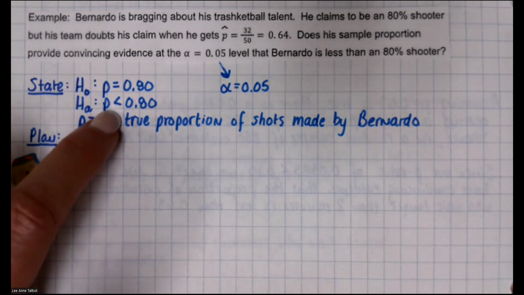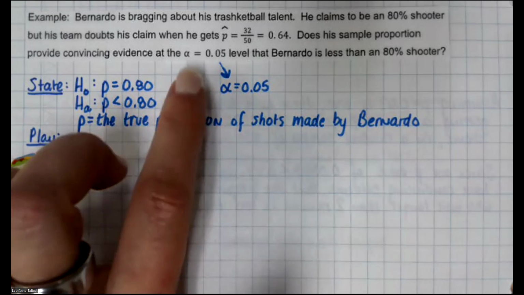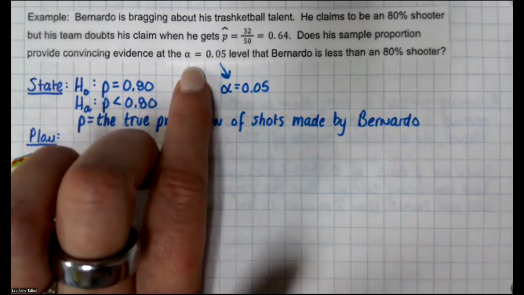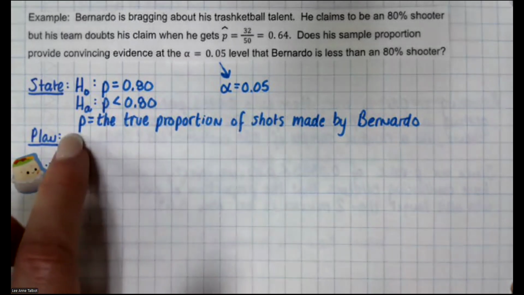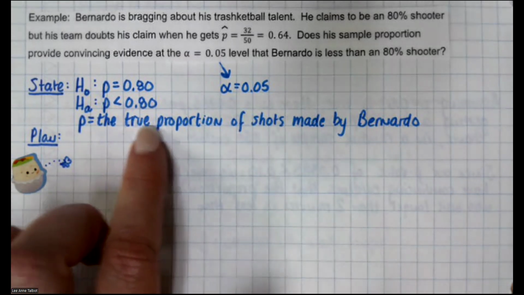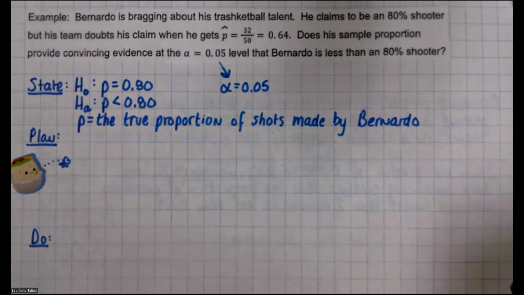The alternative hypothesis is either greater than, less than, or not equal to. We have not done a not equal to yet. So hold on. The alpha came straight off of the problem. But if they don't give it to you, remember, you're going to go with alpha equals 0.05 as a middle of the road. And then defining the parameter, P equals the true proportion of shots made by Bernardo. Are you guys okay?